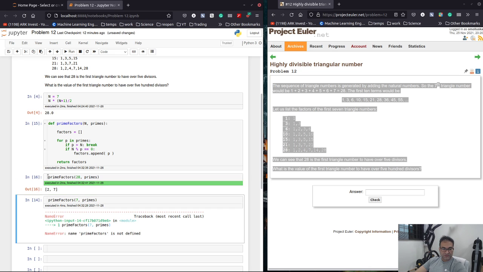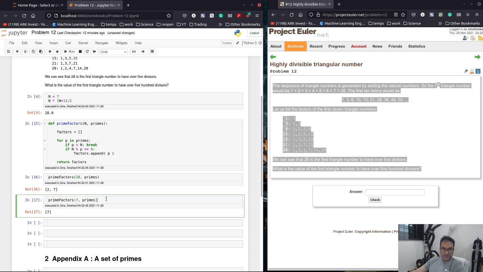Prime factors of 28 is that. Prime factors of 7 is just 7, and prime factors of 8 is 2. Okay, so the prime factor of 8 is 2.